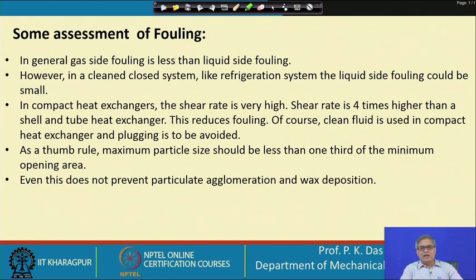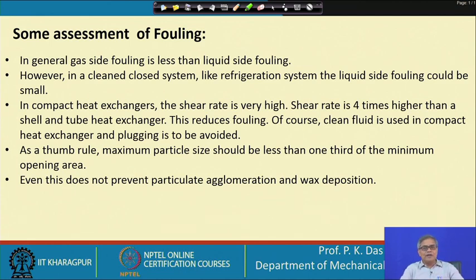What does it mean? Of course, at the system design level we have to take care. We also have to take care in selecting the proper filter. In a circulating system there should be a filter, and we have to decide the efficiency of the filter based on this kind of consideration.